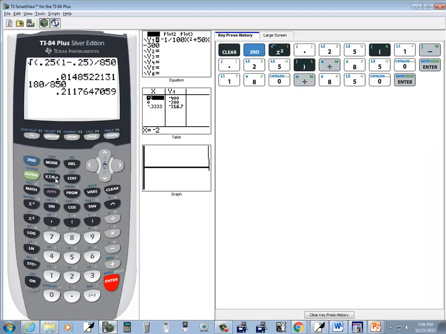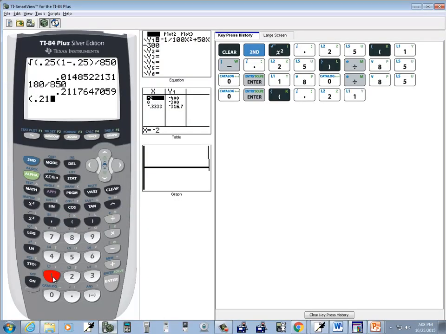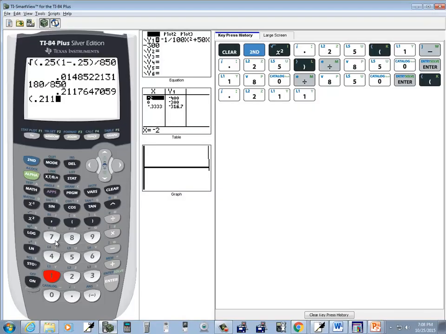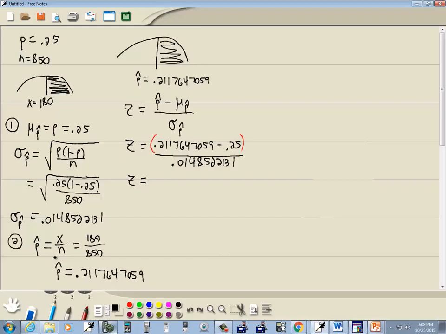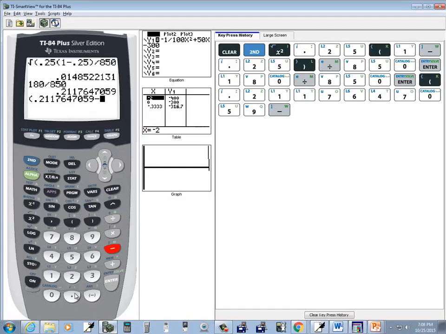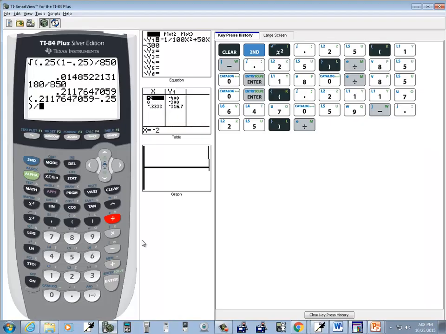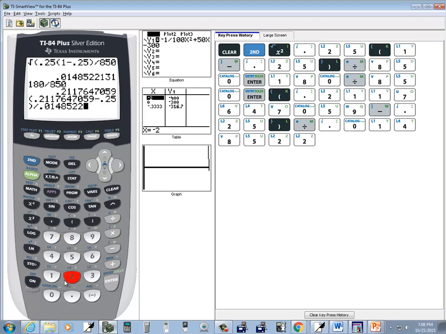So we got z is equal to, beginning parentheses, 0.2117647059, minus 0.25, closing parentheses, divided by 0.0148522131.